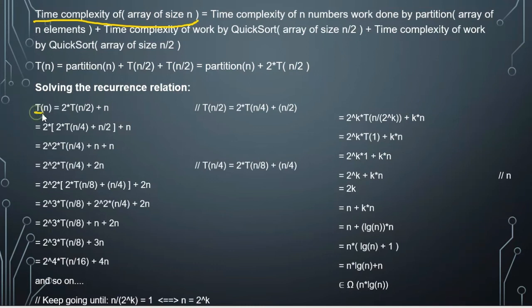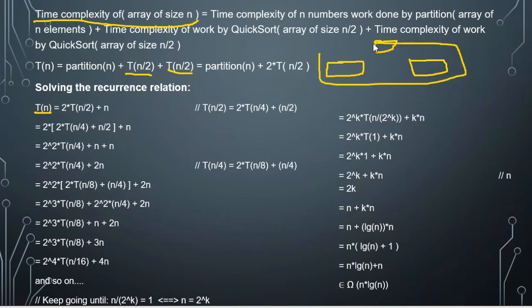To find T of n, we add the time complexity of the sub-partition arrays, which will be T(n/2) plus T(n/2), for the two sub-arrays of size n by 2, and the partition cost n, which is the total time calculated for an array of size n. We will see now how it works.